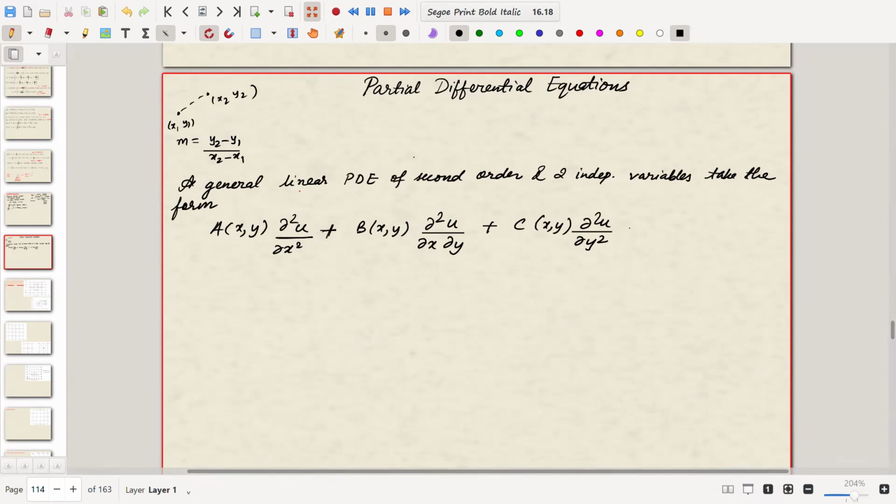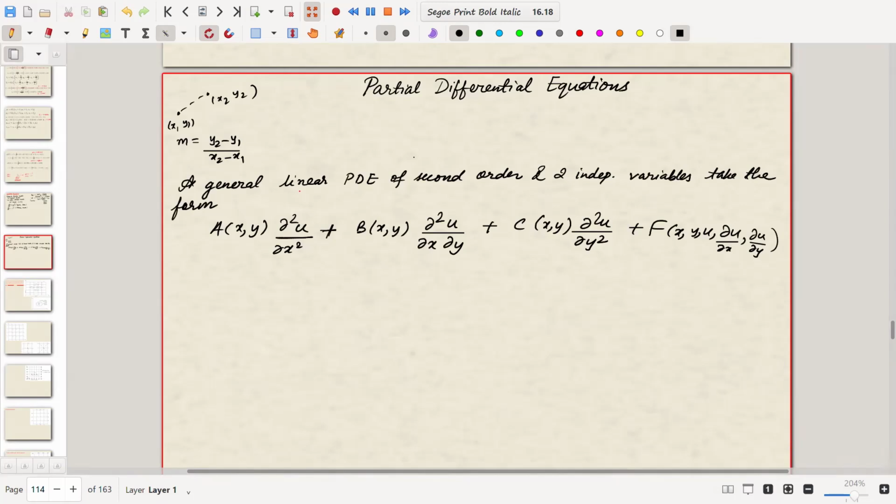Then you have something mixed, which you can write as f of x, y, u, ∂u/∂x, ∂u/∂y. All those terms can be incorporated in f. Maybe there is a y term, maybe there is a u term, maybe there is a mix of u, x, du/dx.